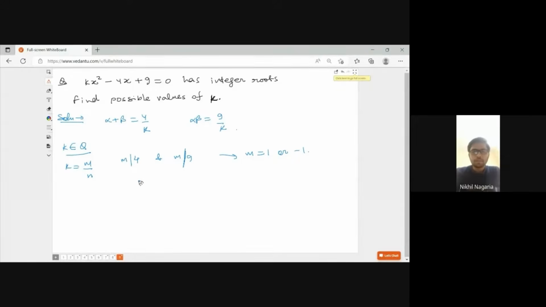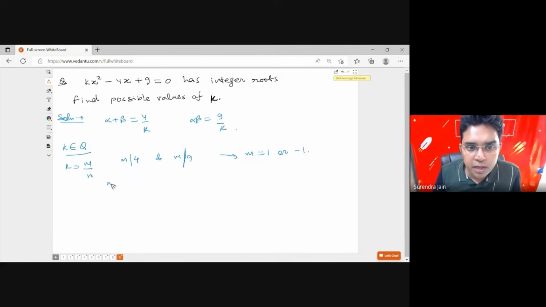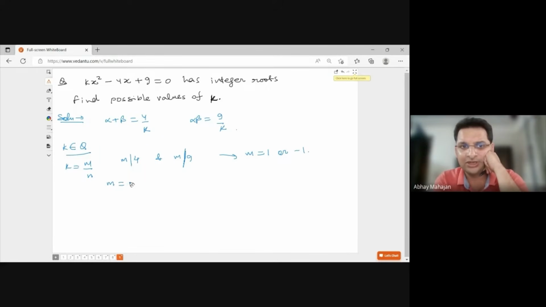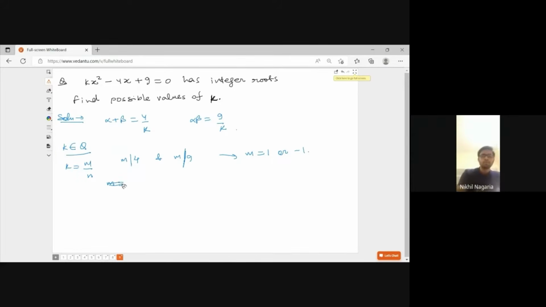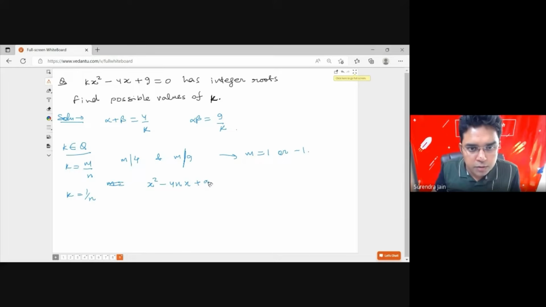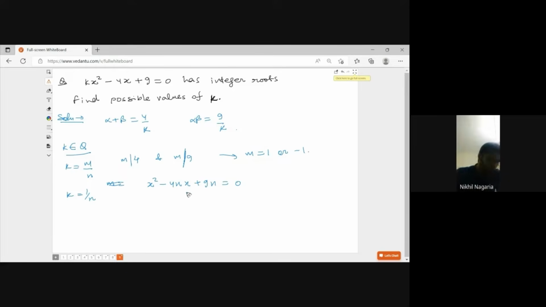So if m equals 1, then we put k equals 1 over n in the quadratic. It becomes x² - 4nx + 9n. We compute the discriminant, which is 16n² - 36n.